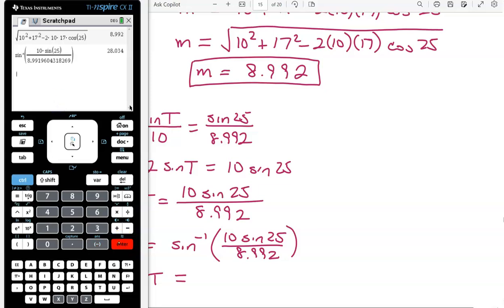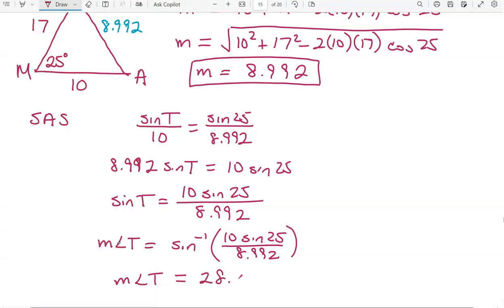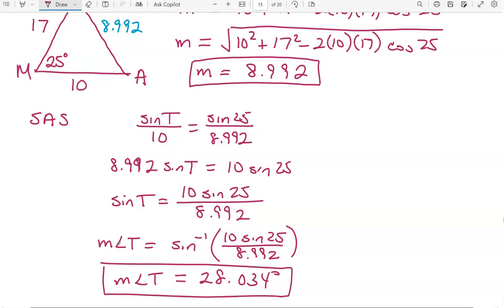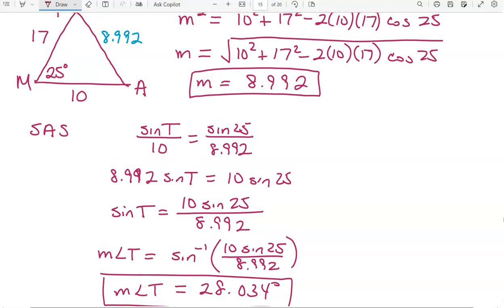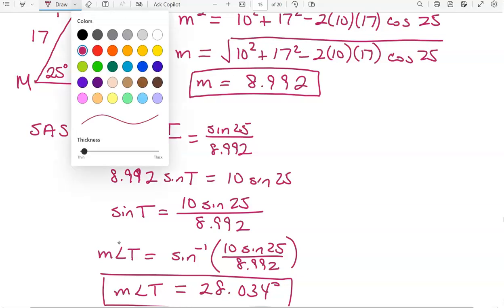Notice that when I do that calculation, it's bringing all the extra digits of the unrounded value, and that gives us 28.034 degrees. So now that we have that angle, angle T, I'll add that to the diagram.